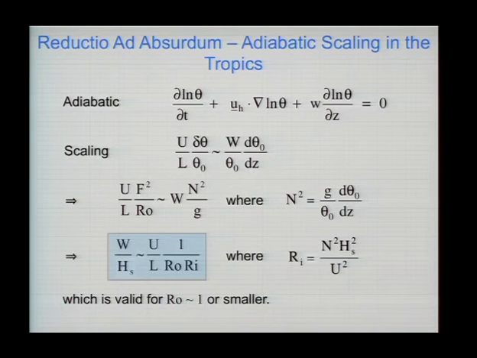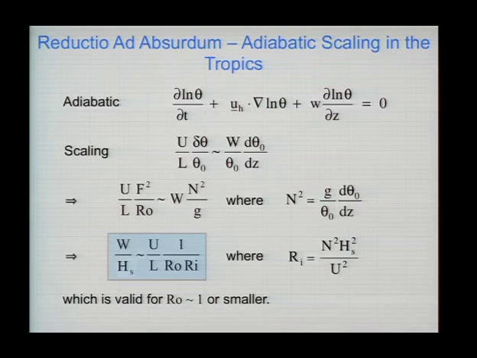And here's our time scale, or alternatively, think about it as a U. And what's a grad? A grad is 1 over a length scale. It's a d by dx, d by dy, so it's 1 over a length scale. So these two terms scale like U divided by L, delta theta divided by theta. And the vertical advection of potential temperature scales like whatever W is, d theta by dz divided by theta.